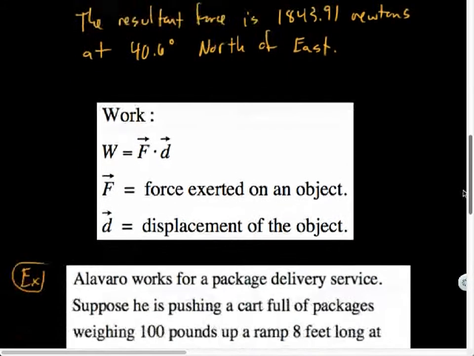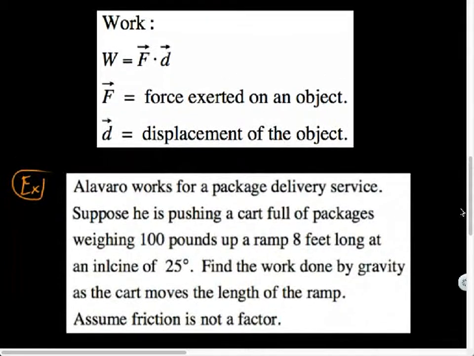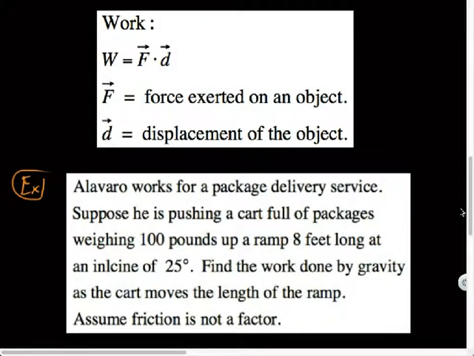So let's see, the definition of work is going to be needed for this next problem. Work is equal to my force vector that's exerted on an object, and I dot product that, okay? So notice that's not cross product. I dot product that by the displacement vector of the object. So displacement is going to be the direction and distance that the object is moved as a result of my force.